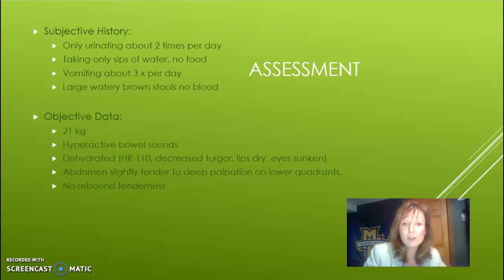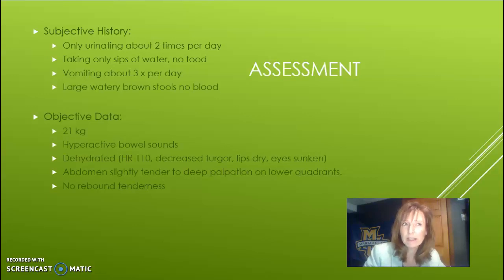The child is found to be dehydrated, and the signs of that, the heart rate is elevated at 110, decreased turgor, so the skin is not elastic. There's not enough water in the body. The lips are dry and the eyes appear sunken. When the RN does the examination, it is found that the abdomen is slightly tender to deep palpation on the lower quadrants.